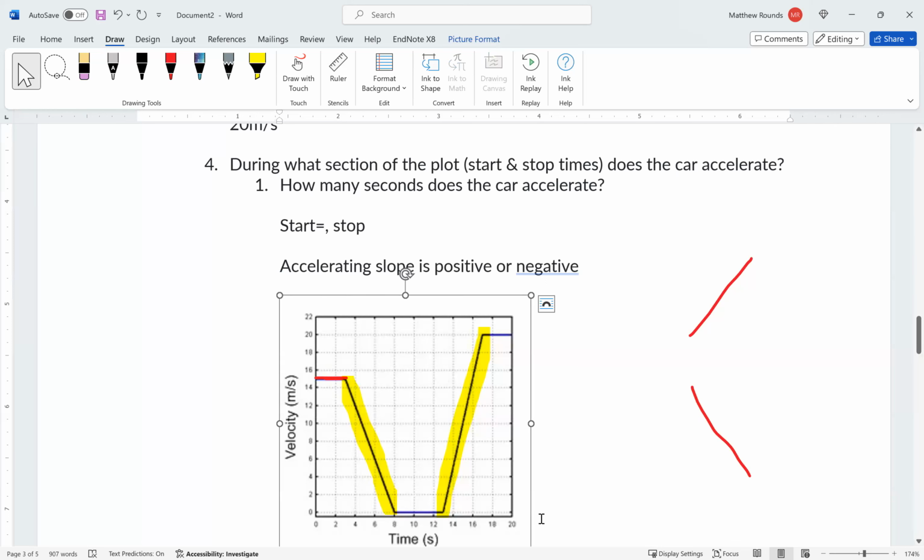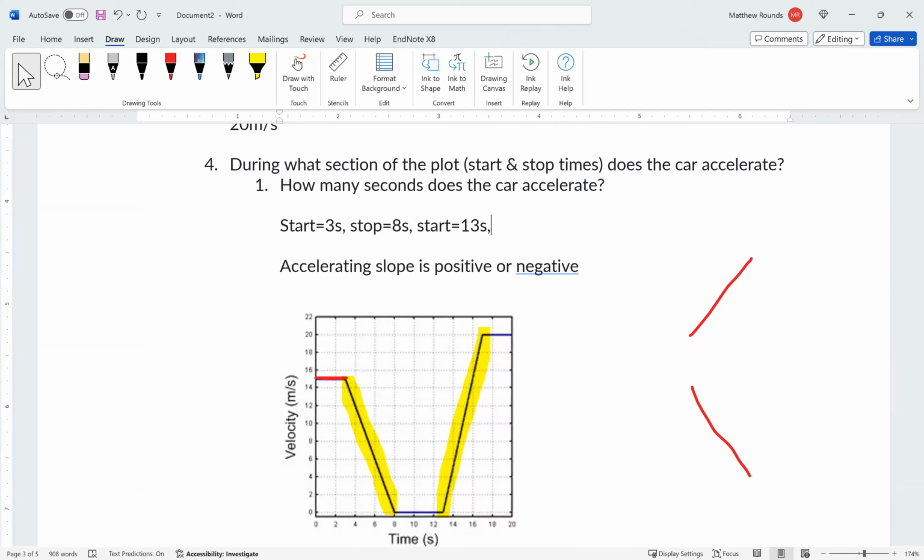Time is down here. I'm asking for the X value. 3 seconds. There you go. And when does it stop accelerating? Stops at 8. Okay, and then it starts again at 13. Very good, and then stops at 17. Good.